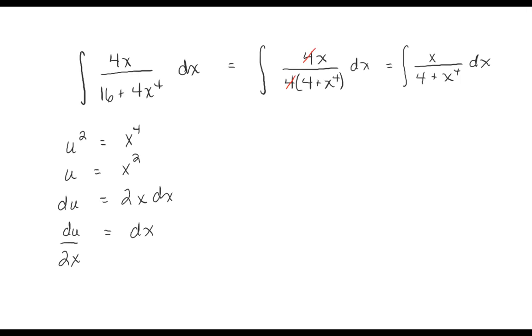Notice the x in there, and that's going to become important in our next step, because we've got 4 plus u squared, and then du over 2x. So our x's cancel, and I get 1/2 integral du over 4 plus u squared.